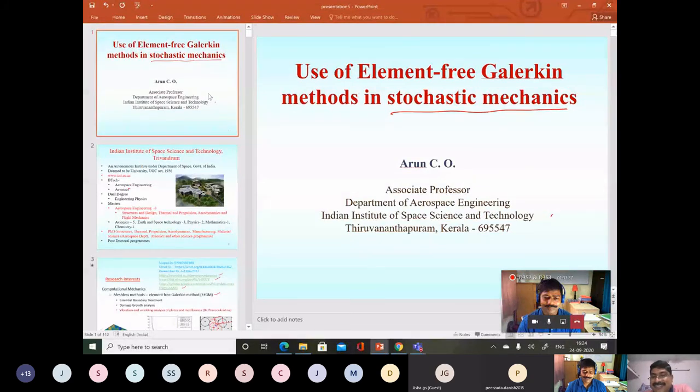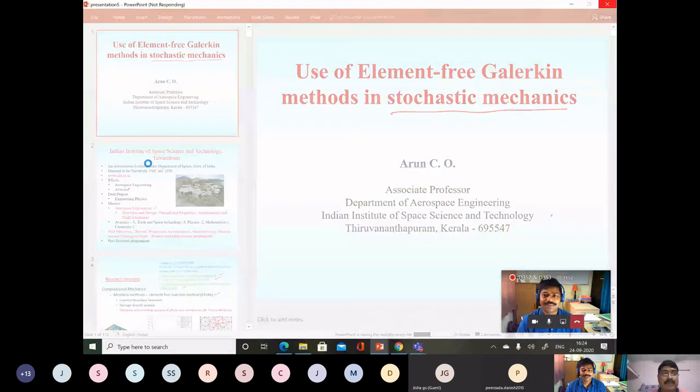Okay. Sir, in slide number 25, you have mentioned various Meshfree methods, SPH and others. There are several techniques. Is there anything like this method being suitable for one type of problem and another method suitable for another type of problem?